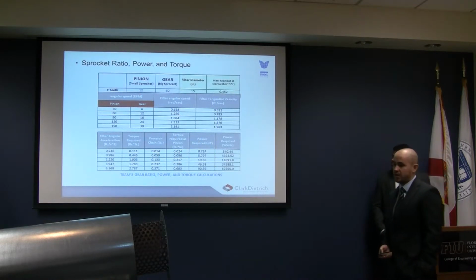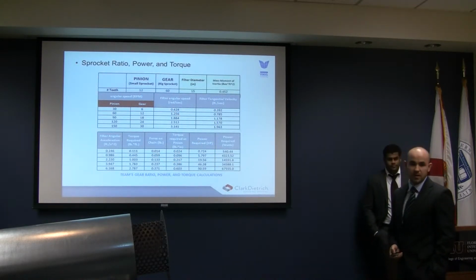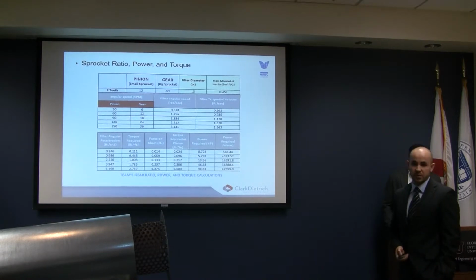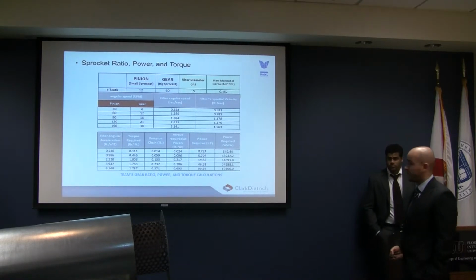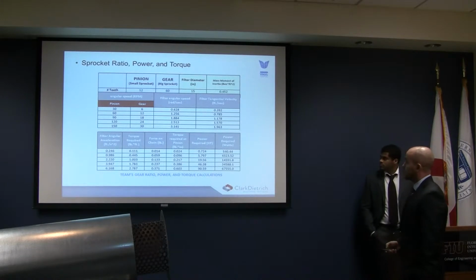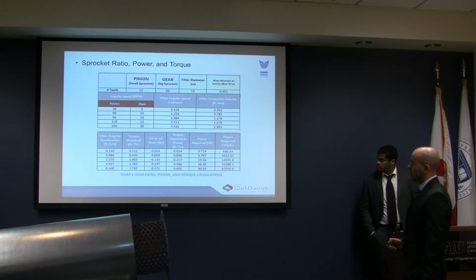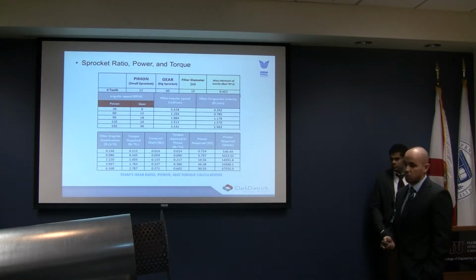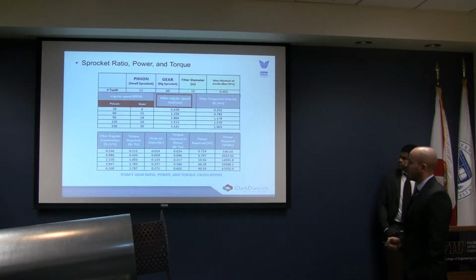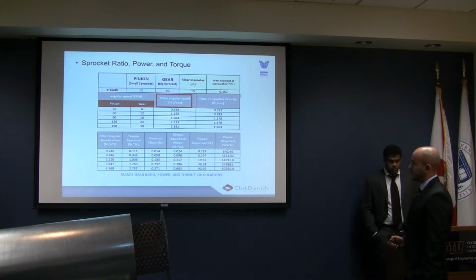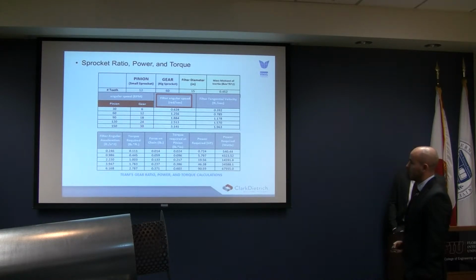Another analysis that we had to do was to determine a working RPM for the filter so the pieces could be accurately filtered. So we assumed working RPMs for the filter between 6 and 30 RPM.